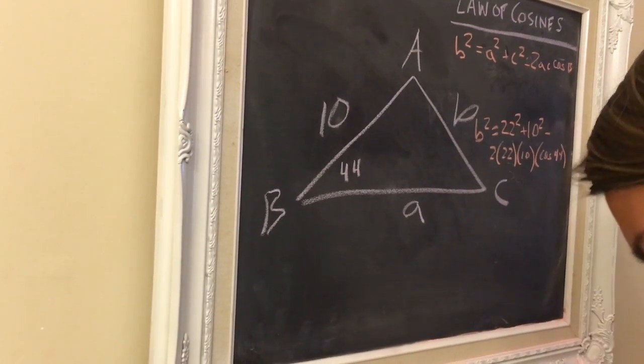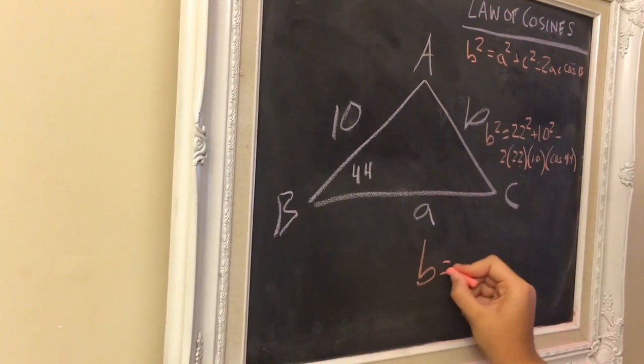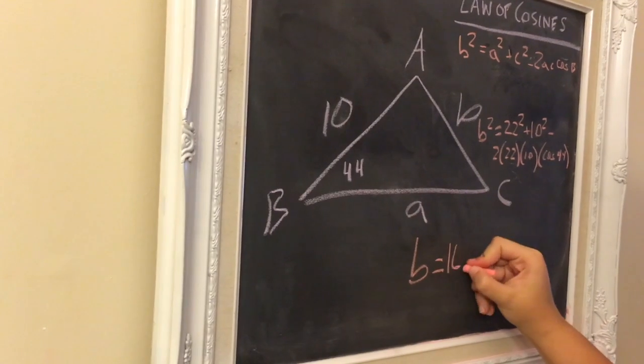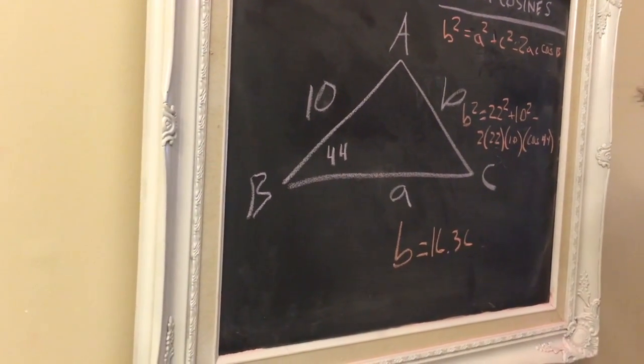Once you simplify all of this, you end up with b as equal to 16.36. Correct!